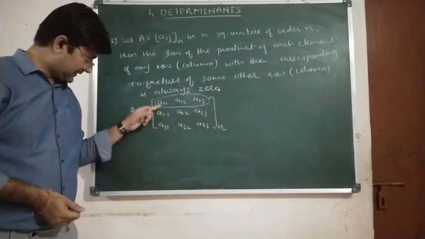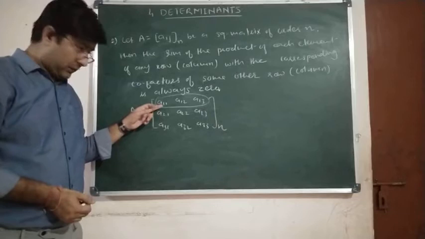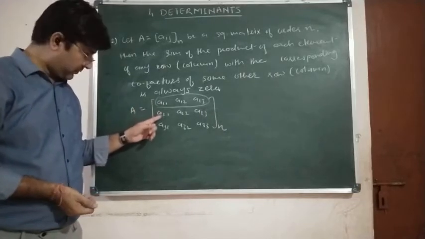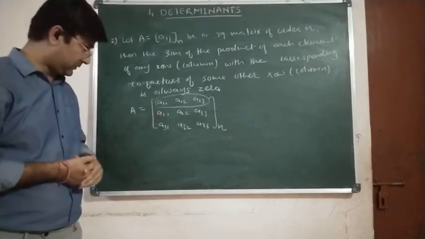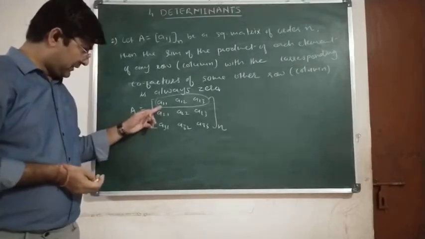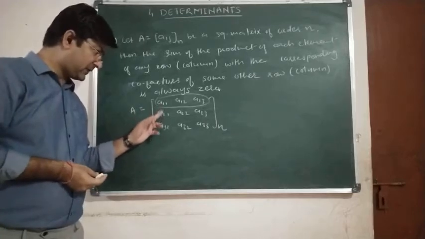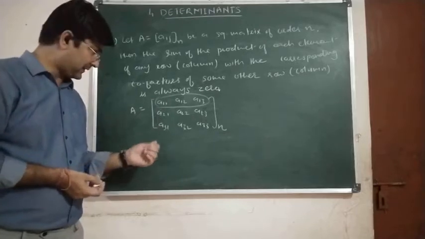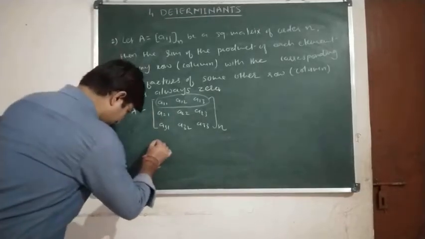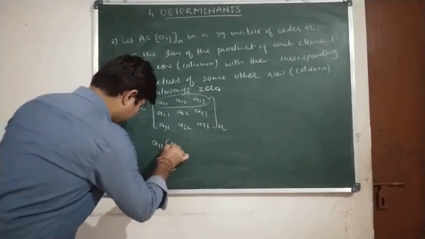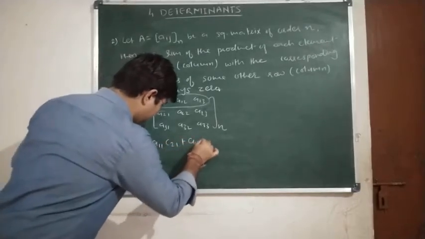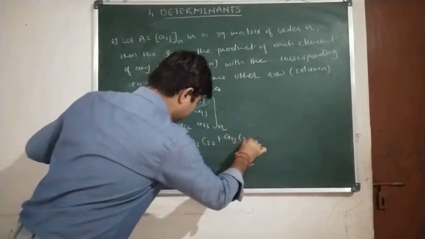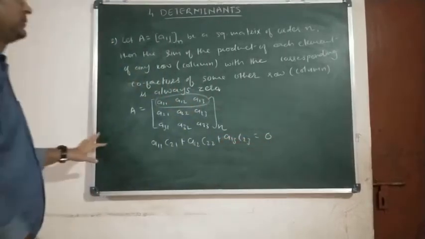If we multiply these elements with the corresponding cofactors of some other row, for example, A11 is multiplied with the cofactor of A21, meaning the second row we are taking for cofactors, so if you multiply like this, A11 into C21 plus A12 into C22 plus A13 into C23, that will be equal to 0.